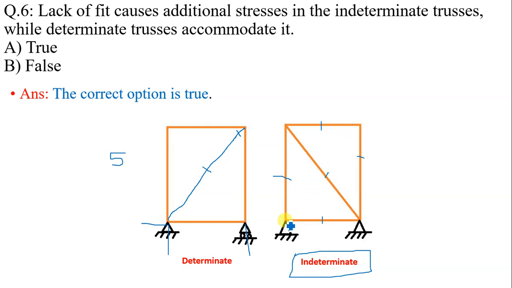Now if the sixth member is short and we are forcing that member to fit in position, and since it is an indeterminate structure, this forceful fixing of this member in position will create additional stresses in all the members, and hence the given statement is true. The given statement is true.